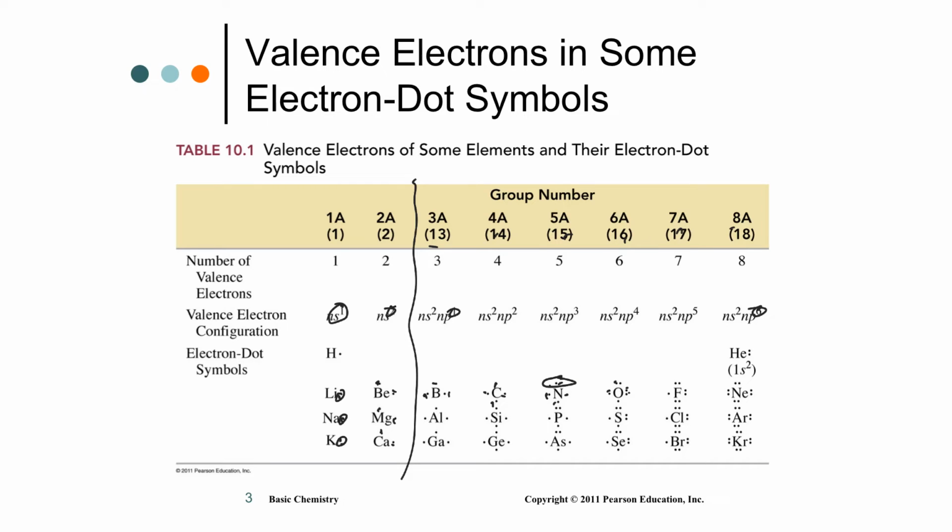Once we get to oxygen, we have 2 pairs that aren't going to attach to anything. And then once we get to group 7, we have 3 pairs that don't attach to anything. And once we get to group 8, nothing attaches. You have 4 lone pairs, and normally you have nothing at all. So if you have neon or argon or krypton, they don't make compounds. They're already stable.